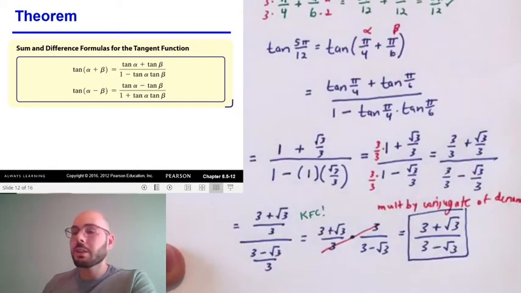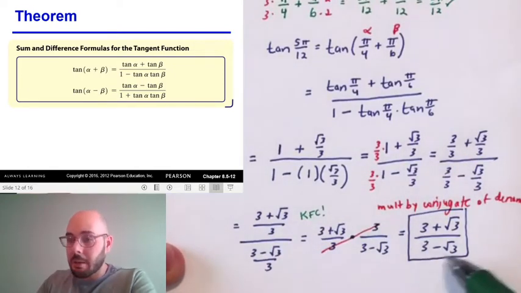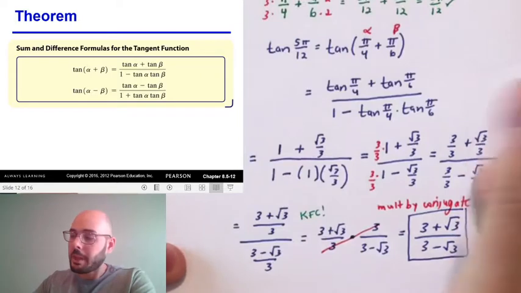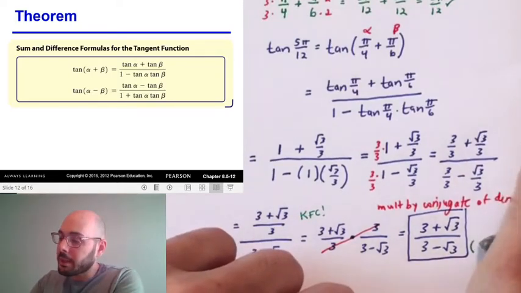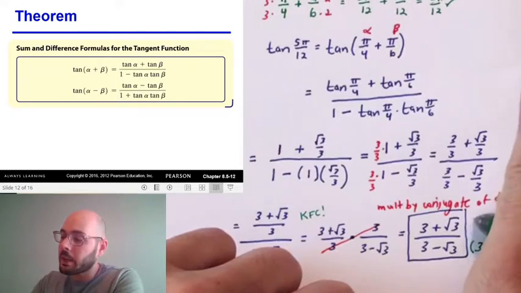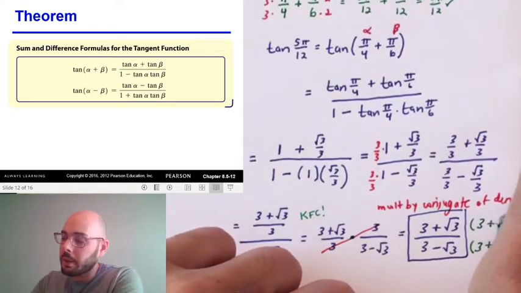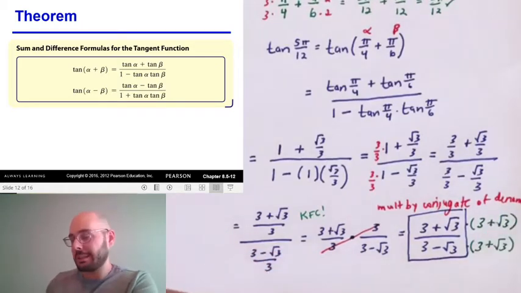So the conjugate of the denominator is the denominator, but just change the sign in the middle. So I'm going to end up multiplying by 3 plus square root 3 on the bottom, and also whatever I do to the bottom, I also have to do to the top. This is going to help us rationalize. Get rid of that square root on the bottom.